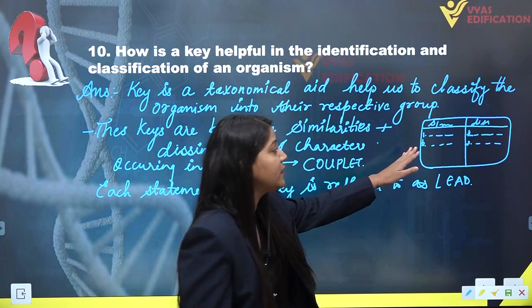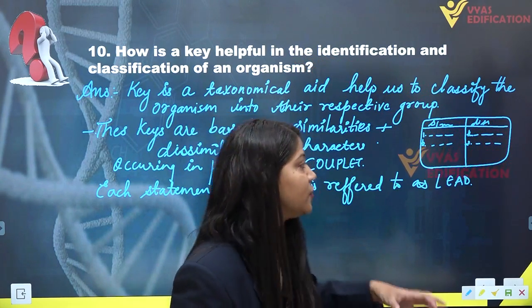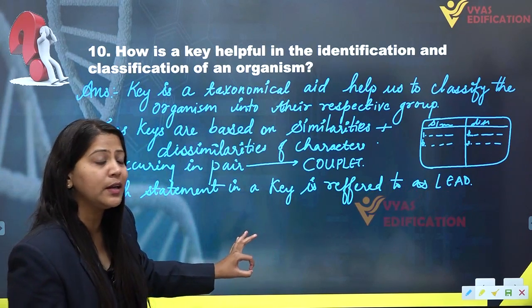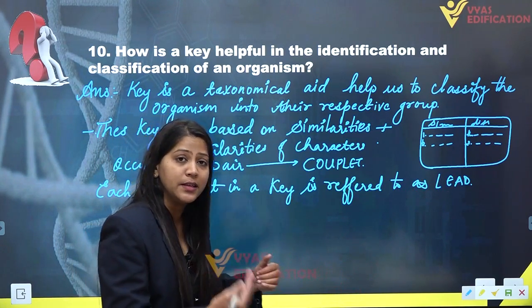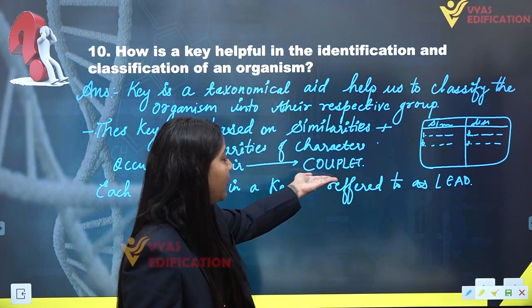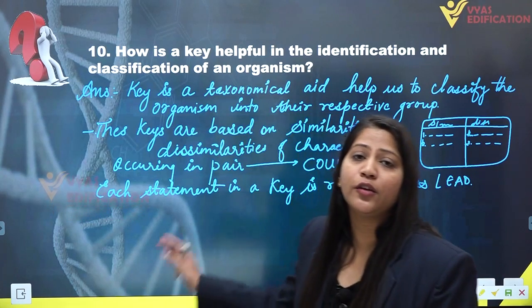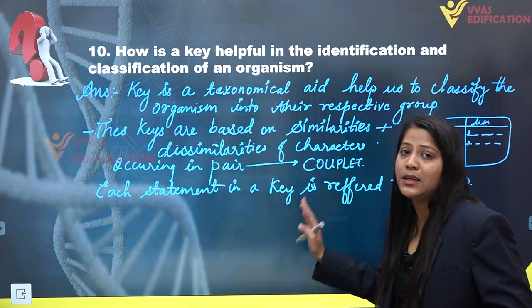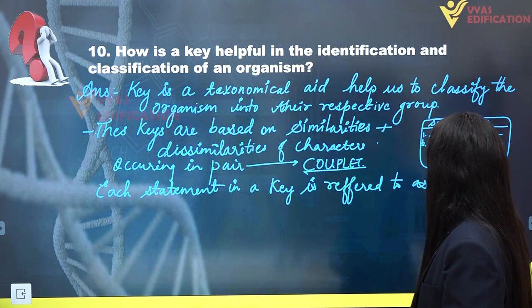Each and every statement in a key is referred to as a lead. These two terms are very, very important. They can be asked in board exams and they can be asked in NEET. So couplet and lead are the most important terms related to the taxonomical aid key. So you have to remember these two terms, couplet and lead.